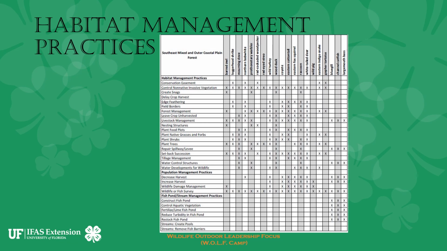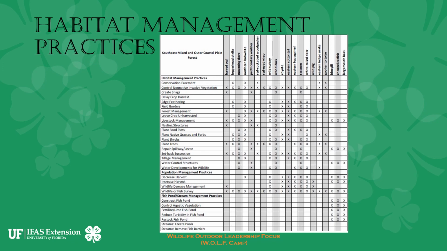As you can see, there are a couple of wildlife species that benefit from that. So if that is a possibility, you can do that for loggerhead shrike, eastern indigo snake, and gopher tortoise.